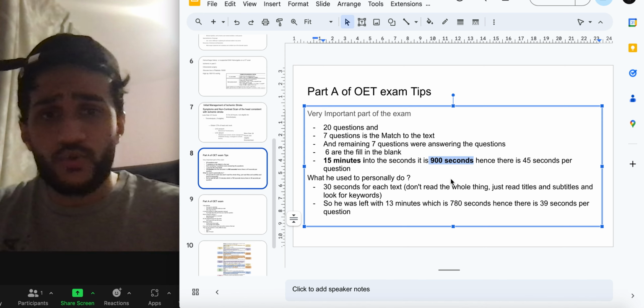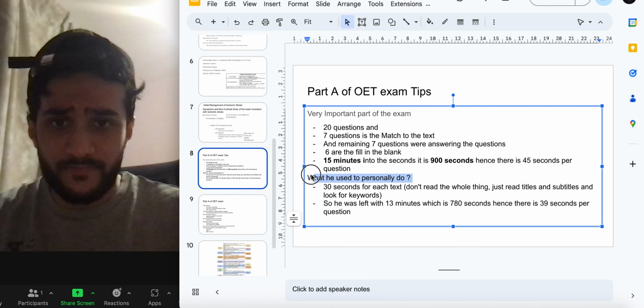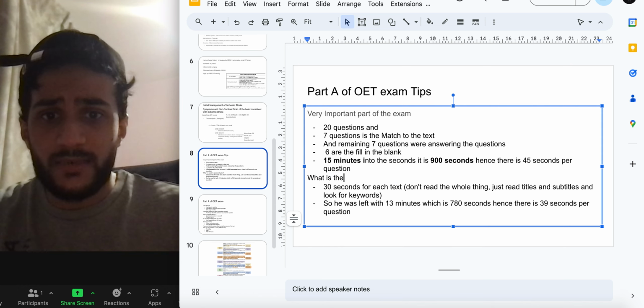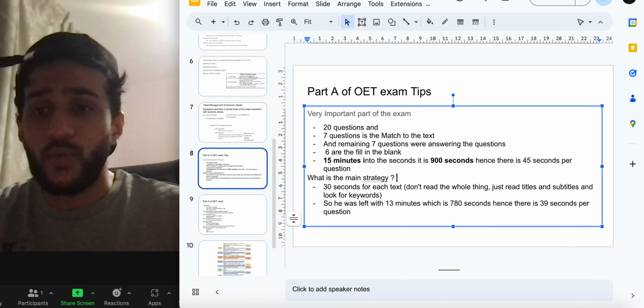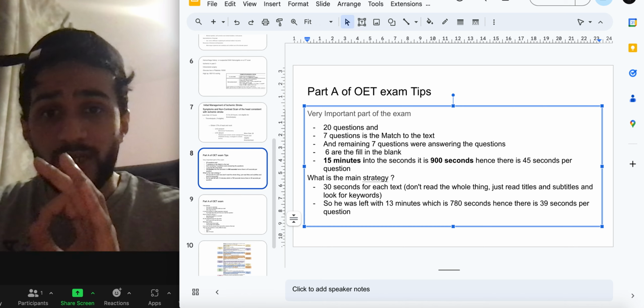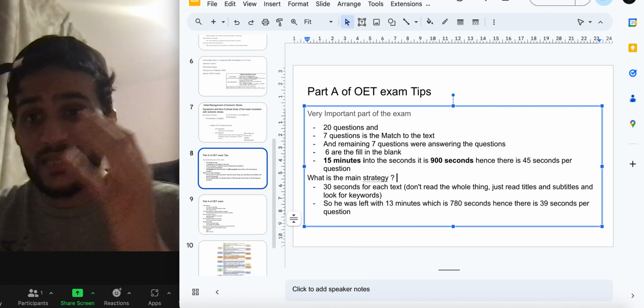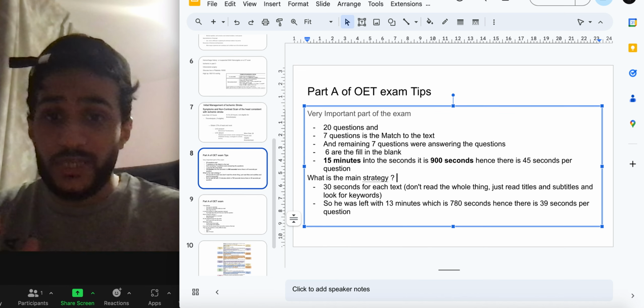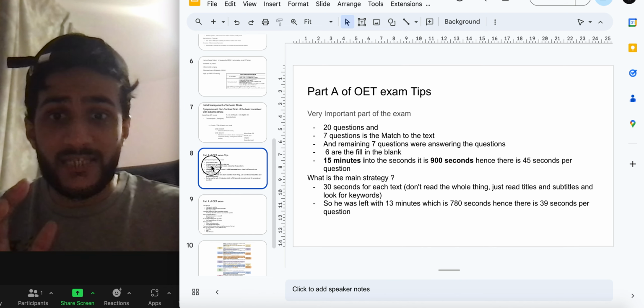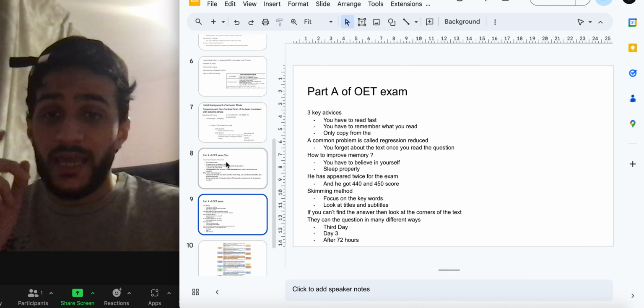The main strategy here is that you want to spend 30 seconds scanning each text: text A, text B, text C, text D. Usually text A has the introduction.